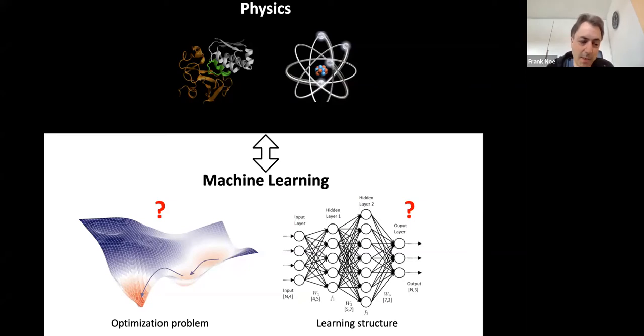And likewise with the learning structure in physics, we often have certain expectations on the solution of a problem. For example, if we learn or predict an energy for a molecule in implicit solvent or water, or bulk water, then we expect that to be invariant to translation and rotation. And such constraints can be built into the neural network right away so that we don't have to learn them.